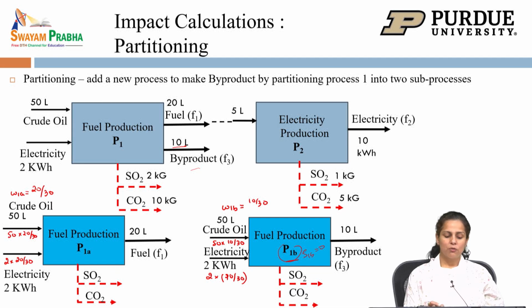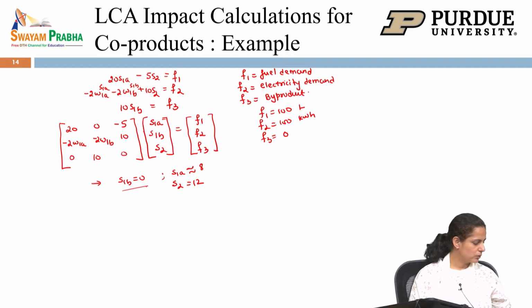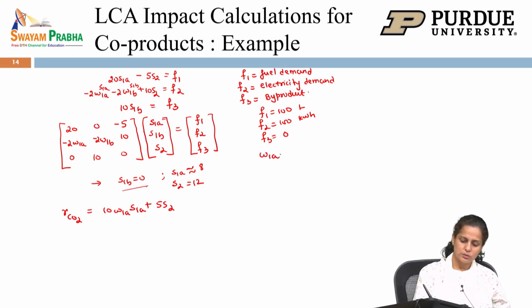So, what is effectively happening is we are taking the partial resource consumption and emissions as what is attributed to the fuel production. The rest is actually wasted because we are not interested in that byproduct as a product. So, we can calculate our RCO2 as 10 times W1A S1A plus 5 times S2, and our W1A, I just want to remind, was 20 by 30 and W1B was 10 by 30.